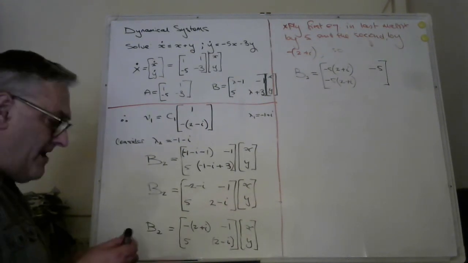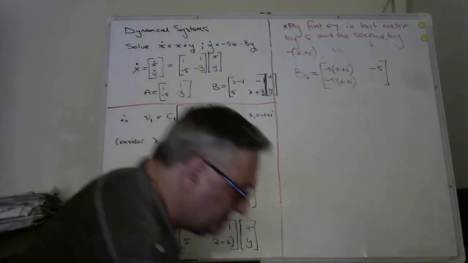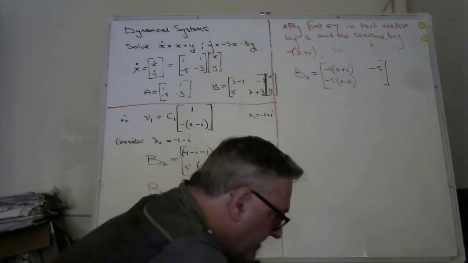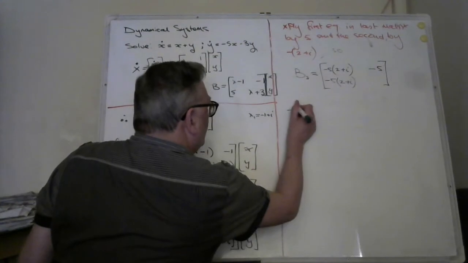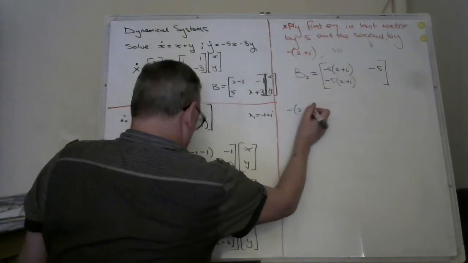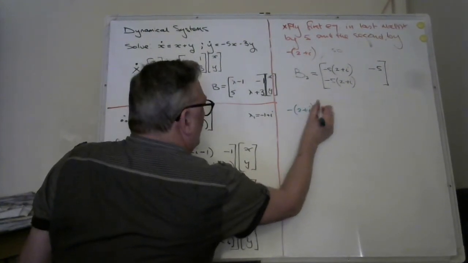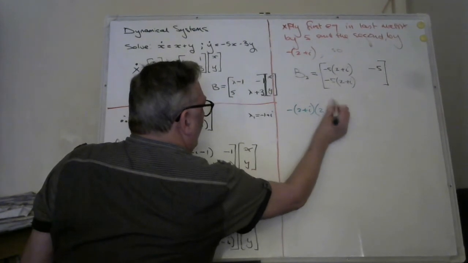But if you remember what I said, and I shall do this again so that it reinforces it for you, we've got minus (2 plus i) times (2 minus i).